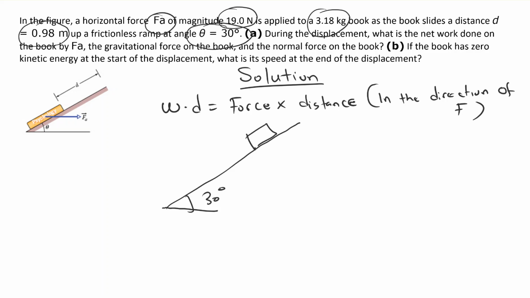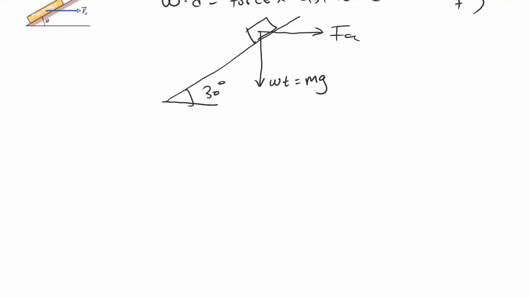We would have two forces acting on it: Fa, the horizontal force, and a vertical force, which is the weight, Wt, which is mass times gravity. Now we need to find the component of these two forces that are parallel or acting in the direction of the plane.